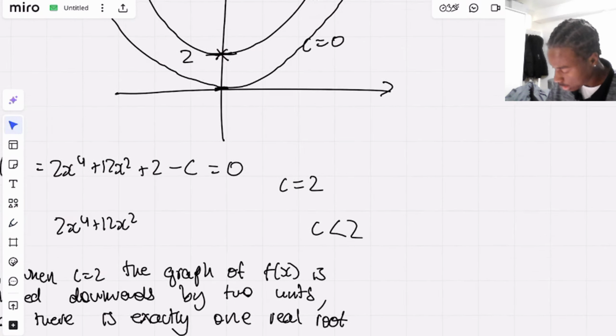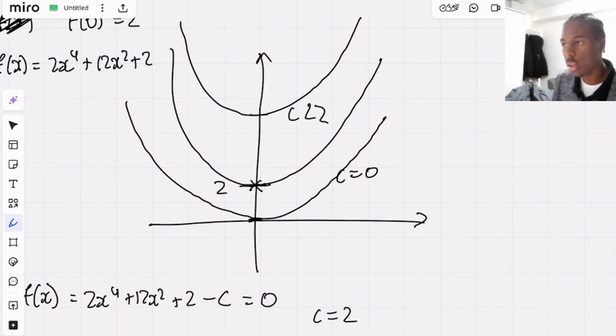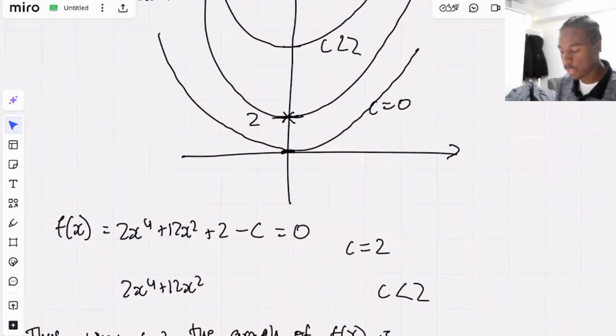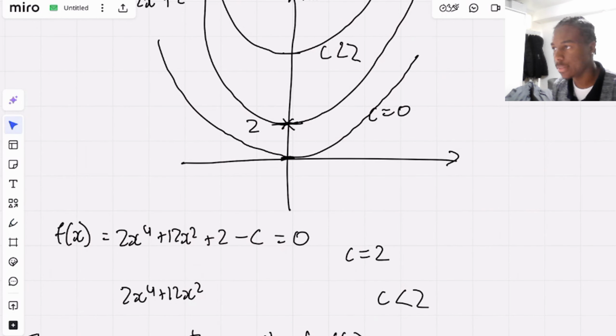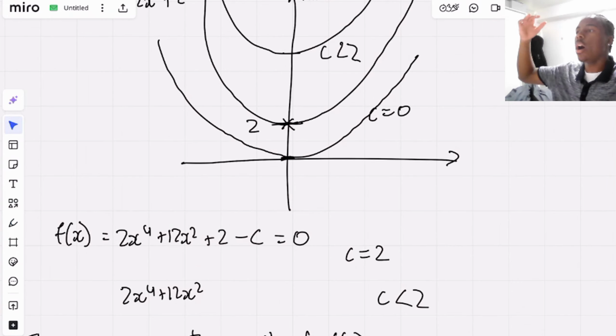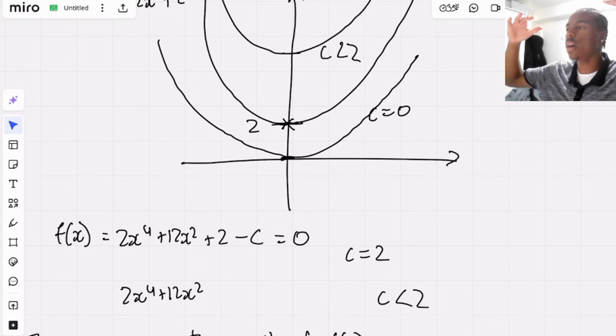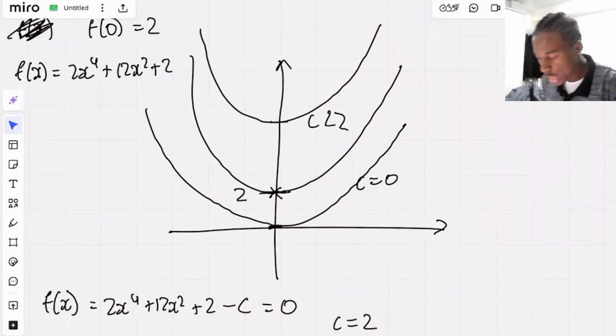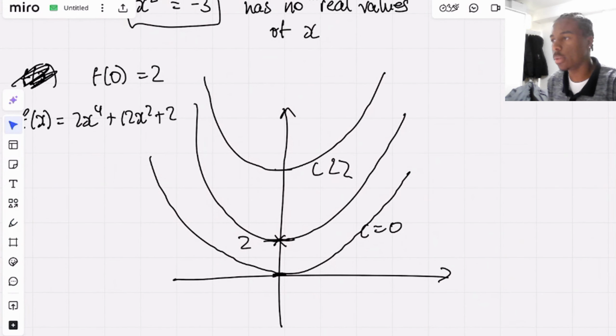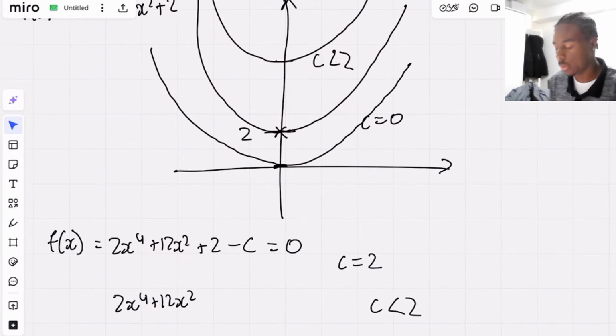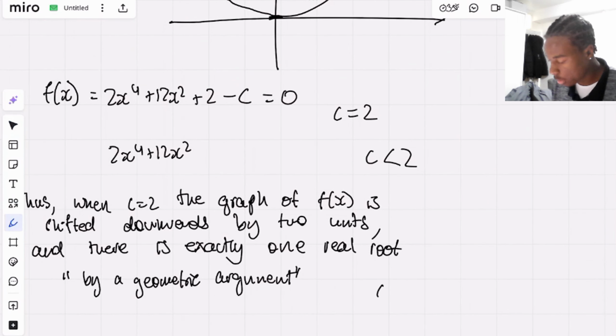Because, for example, if c was very, very negative, because of this minus sign here, that actually means that the graph gets shifted upwards, right? Two negatives make a positive, so the graph gets shifted upwards. And then obviously we can say by the same argument that when c is less than 2, there'll be no real roots at all.